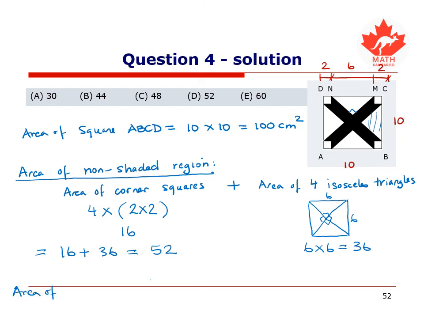So the area of the shaded region is then equal to 100, the area of the square, minus the area of the non-shaded region, which is 52, and we end up with a final result of 48 centimeters squared. So the answer to this question is C, 48.